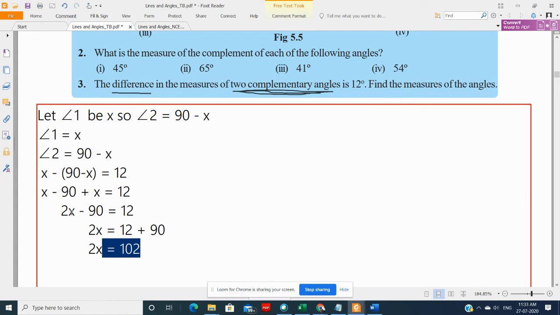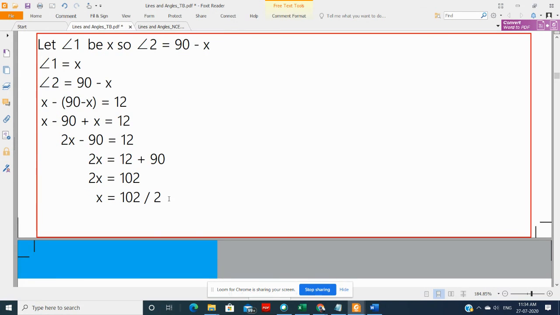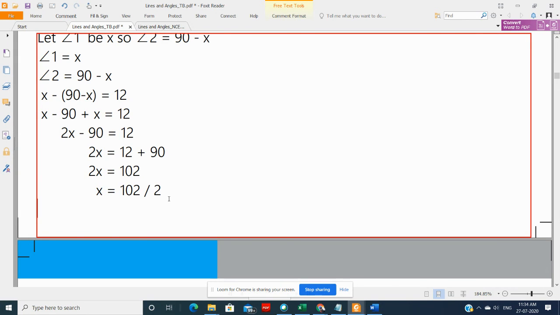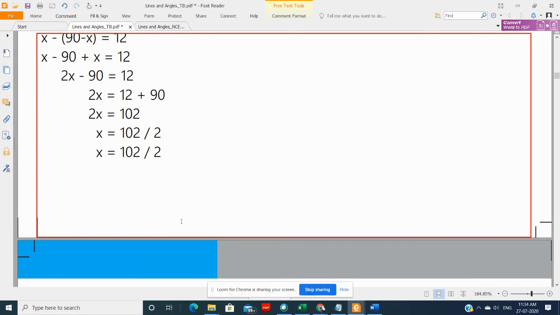Again, we need x, so this 2, which is in a multiplication relationship, is something extra. To get rid of it, you remove it from here, and because it is in a multiplication relationship, it will go into a division relationship. We know all these things; we have already done so many types of sums. Now, if you divide this, your x would become 51.